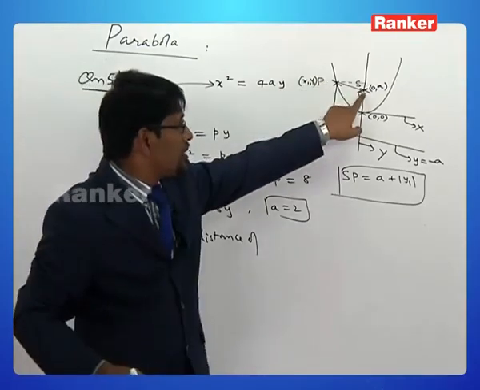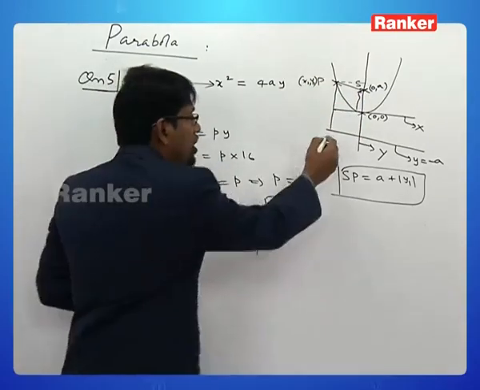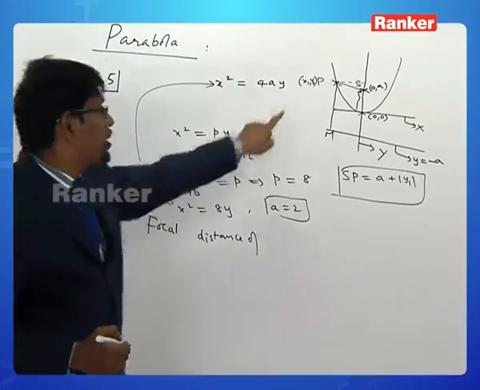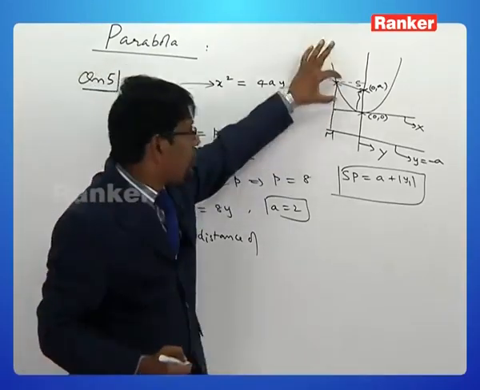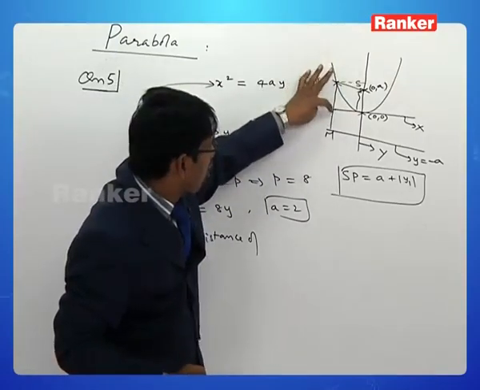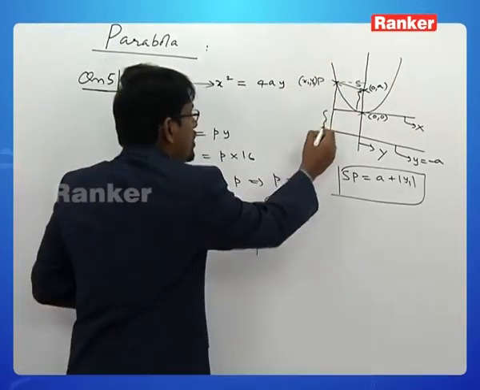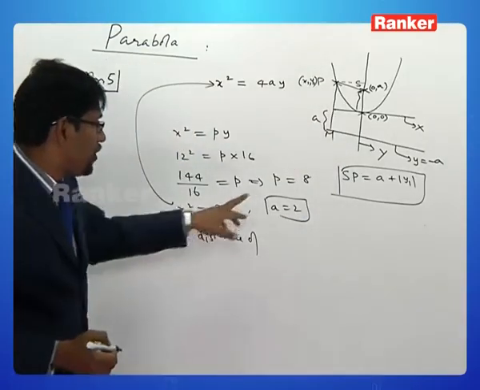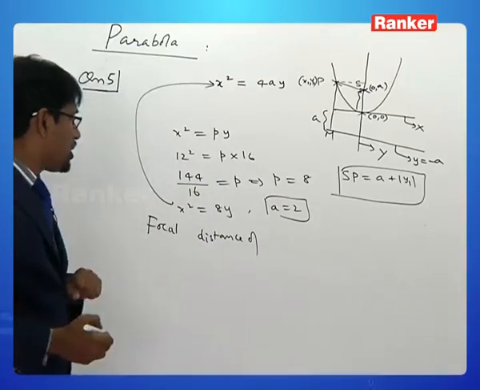The focal distance of the point, SP, is equal to PM. That's how we generate the parabola. So SP is equal to PM. Now what is this length? PM is this length plus this length. This is a units and this is mod y1 units. So a plus mod y1 will be the focal distance of the point.